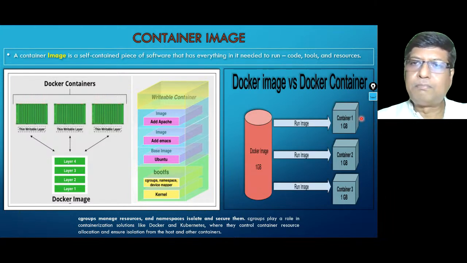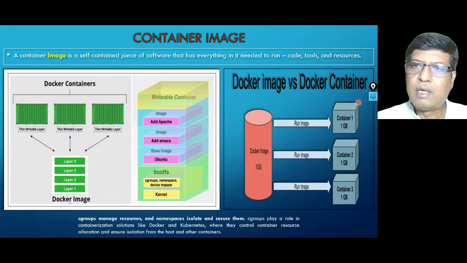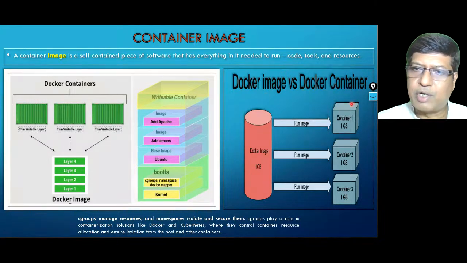Now, the Docker image versus Docker container. So what you see, this is a Docker image. And you can put that image into multiple containers. So let's say you have created 3 containers out of the single image, and that is possible.